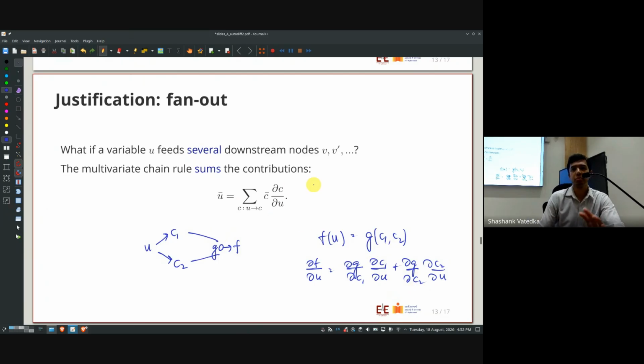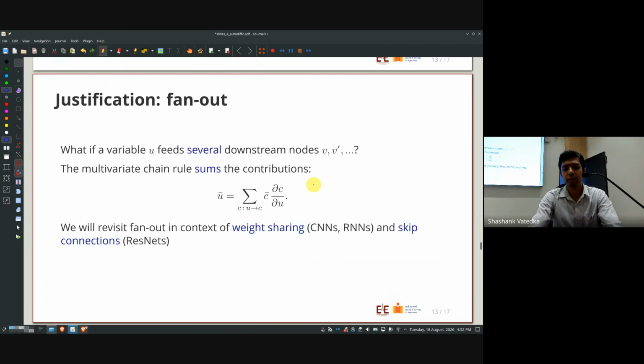That's all that is being represented here, nothing else. The fan out, in the sense of how many children a particular node has, will also determine the computational complexity of doing backpropagation and many other things. We'll revisit this when we get into convolutional neural networks and ResNets.